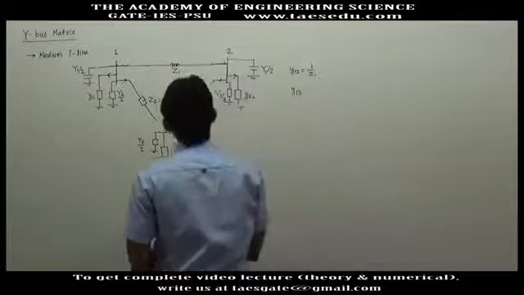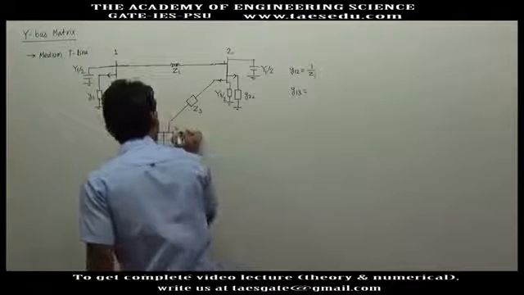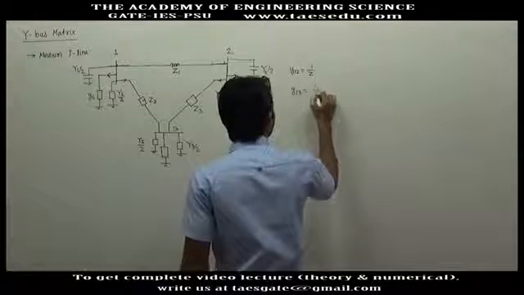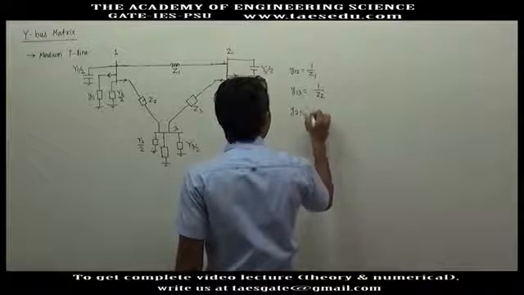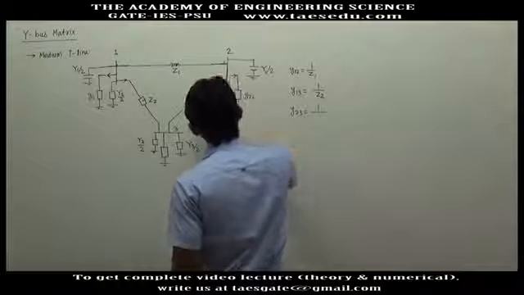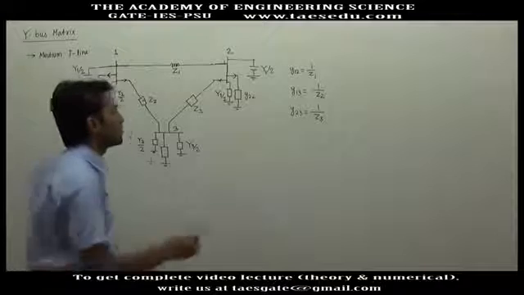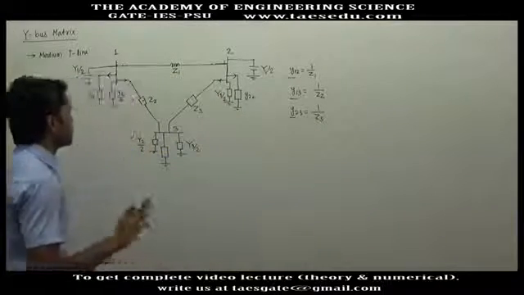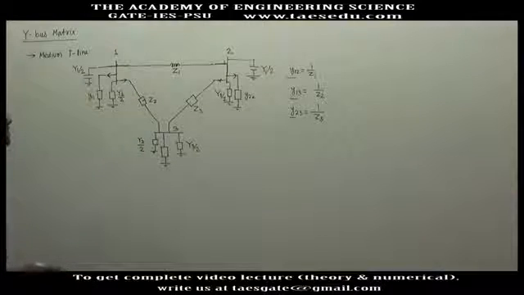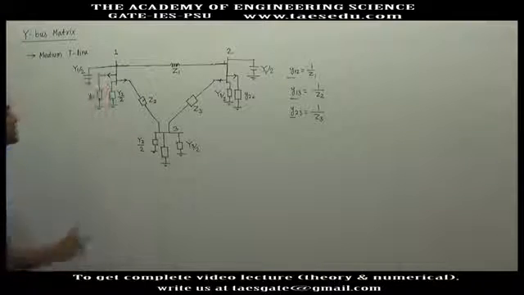Y13, the admittance between bus 1 and bus 3, will be 1 upon Z2, and Y23 will be between bus 2 and bus 3, where you have the third transmission line. So there is nothing new in the off diagonal elements. Okay, so what is the effect of a medium transmission line? The effect is that overall the shunt element connected to a bus will be changed.